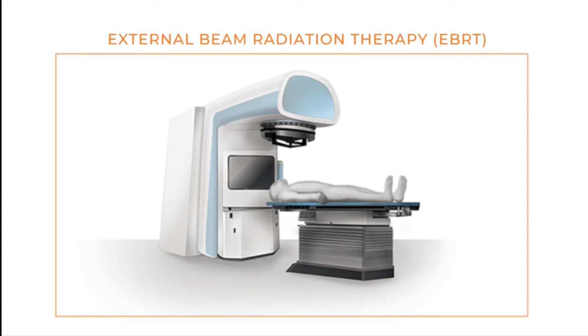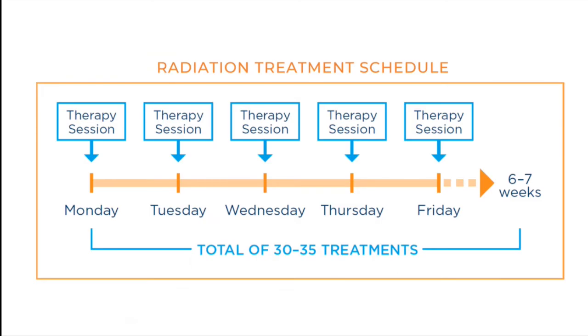It involves multiple other specialists, such as physicists and dosimetrists, to figure out a very complicated radiation plan that will allow us to treat effectively and safely to minimize the risk of side effects.